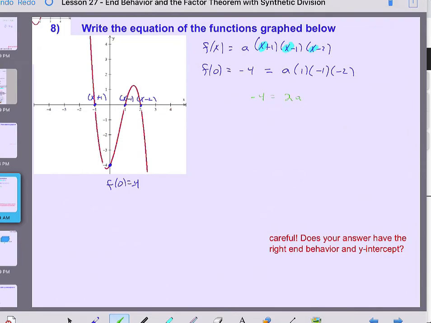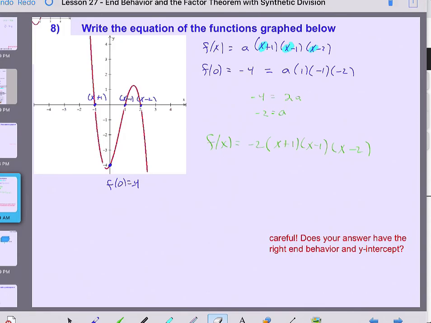Hey, well, I can solve that. So my a is -2, so my function that is graphed there is -2 times x plus 1 times x minus 1 times x minus 2. And now our end behavior from that negative sign matches what I see, and the y-intercept matches as well.